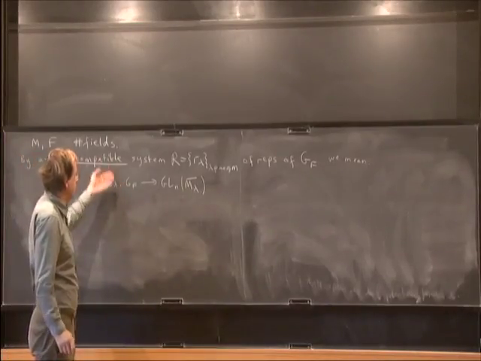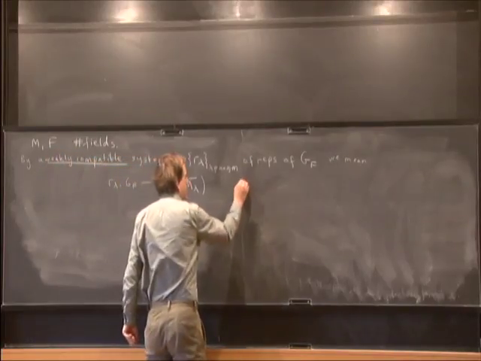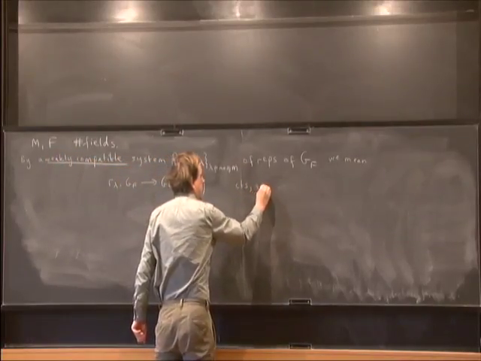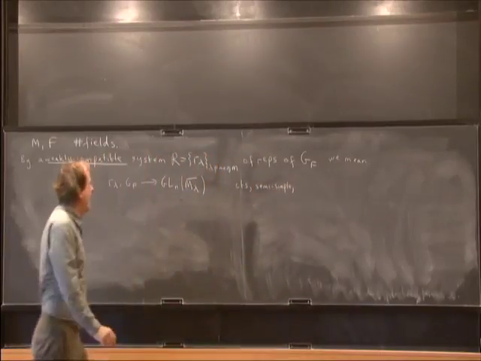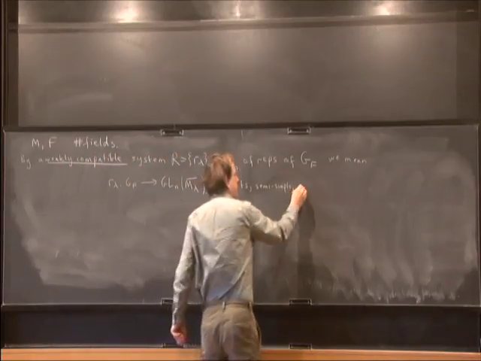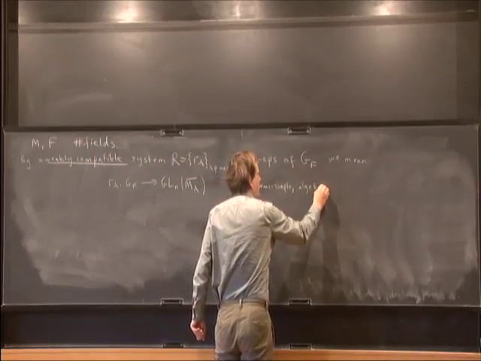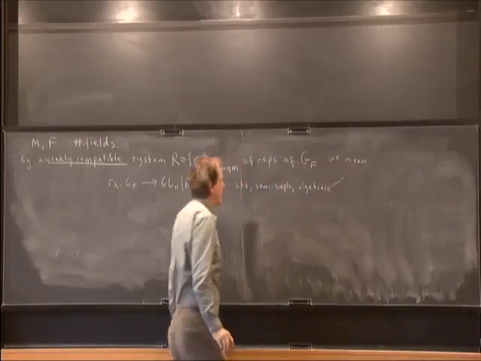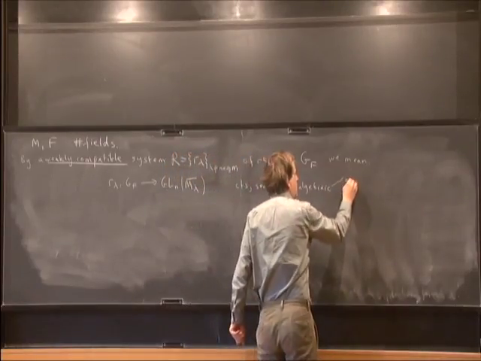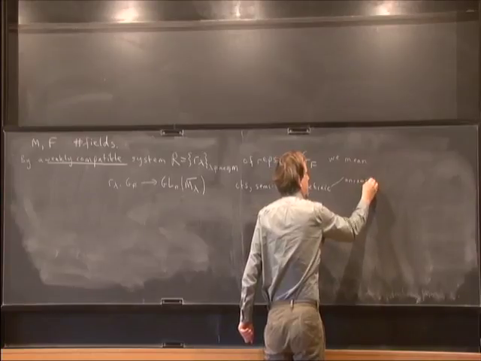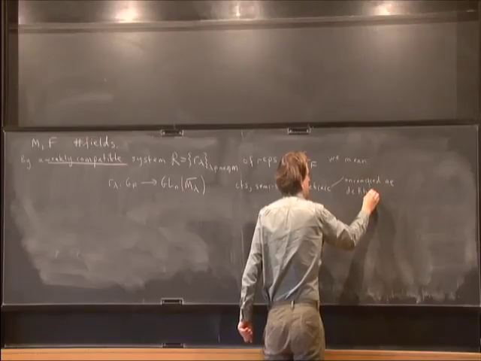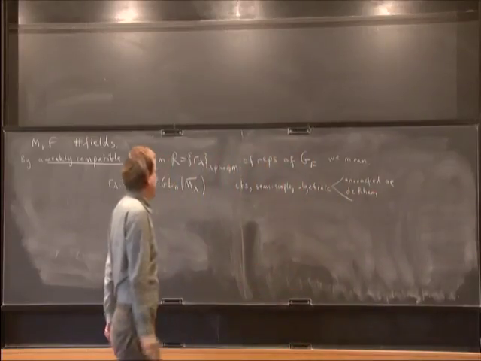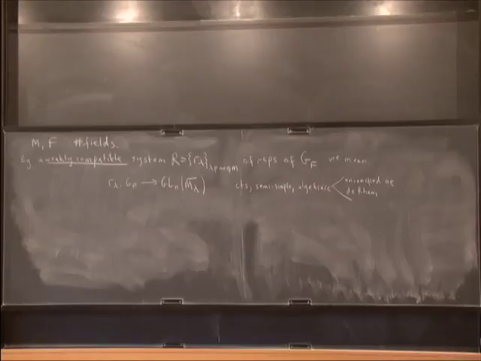And this should be of the sort we've always been discussing: continuous, semi-simple, definite, and algebraic. So remember, by algebraic I meant that it's unramified at all but finitely many primes, and de Rham at all primes above the residue characteristic of lambda. And these things must be consistent in some way.